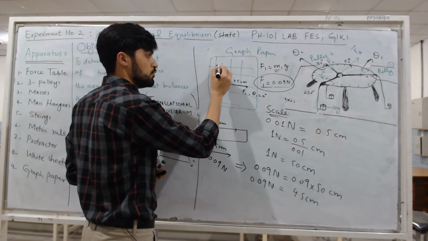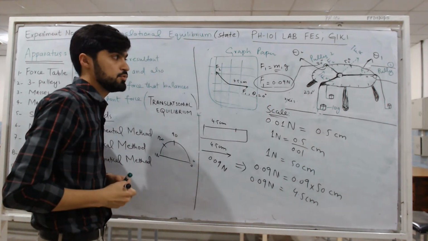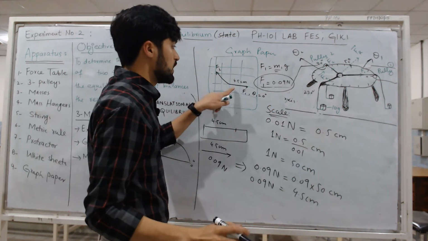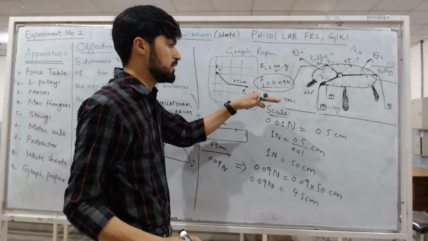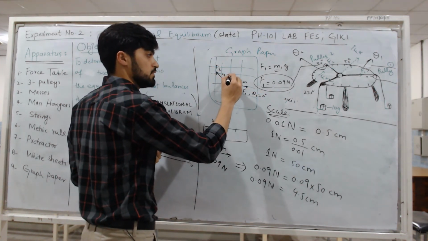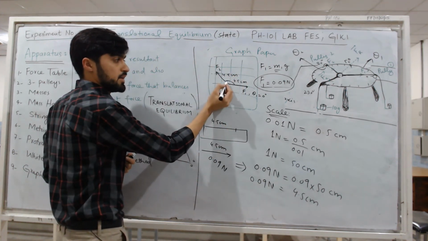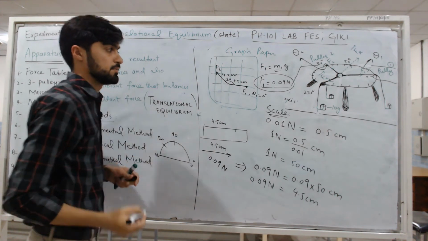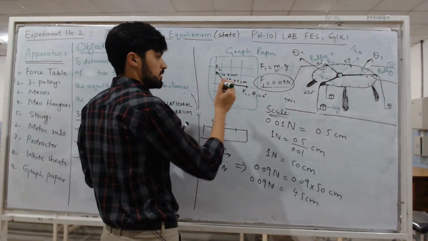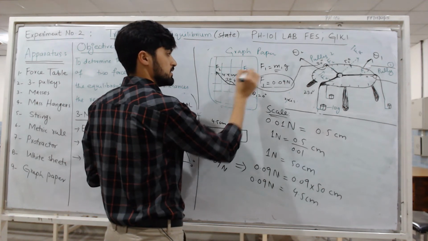So this will be your F2, because F1 and F2 have the same magnitudes in the first case. So F1 is 4.5 centimeter with theta 1 equal to 0 degrees. F2 is also 4.5 centimeter, but with 120 degrees this way. So the resultant will be here, right? This is the resultant.